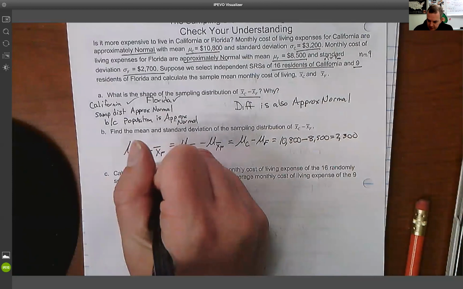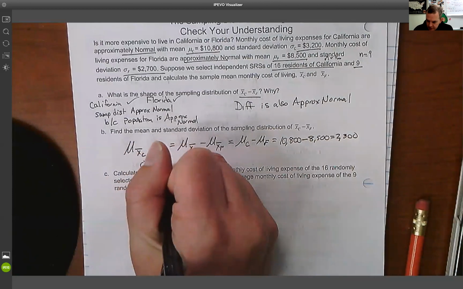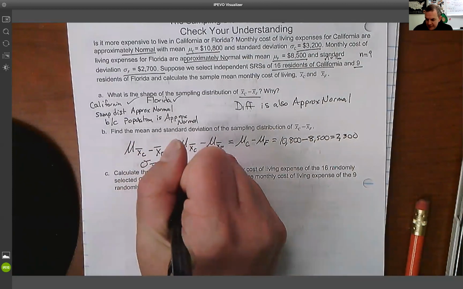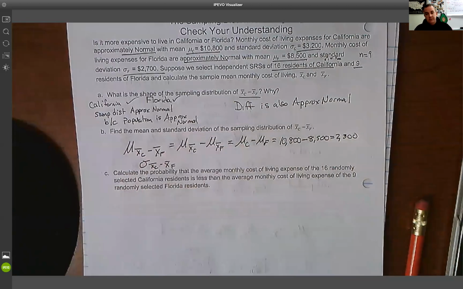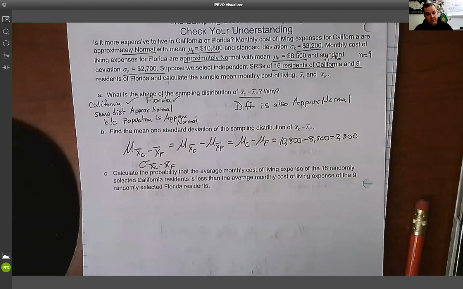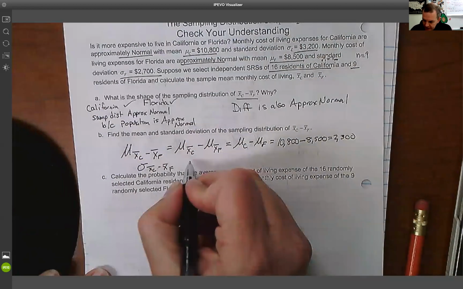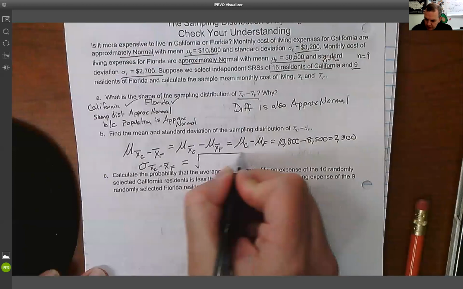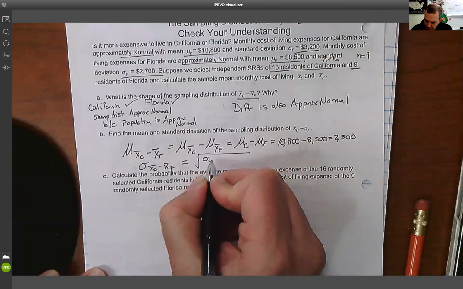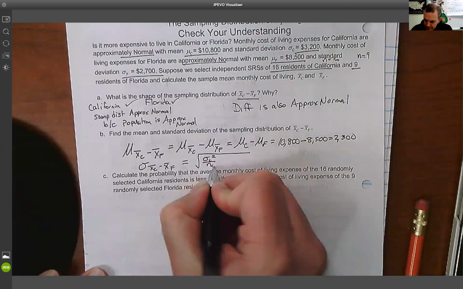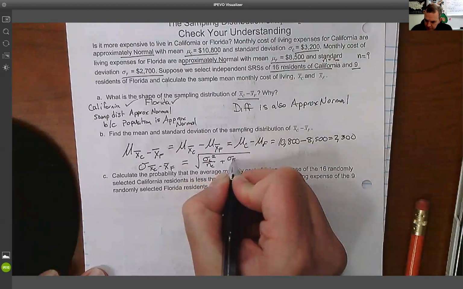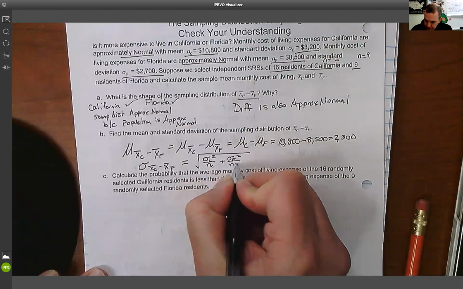For the standard deviation of the difference, I'd have to check the 10n thing. So I'd have to do 10 times 16, 160, and 10 times 9, 90. It's well more than safe to assume there are more than 160 residents in California and 90 residents in Florida. So that means I can use this big formula from your formula sheet: California standard deviation squared divided by the sample size plus Florida standard deviation squared divided by the sample size.